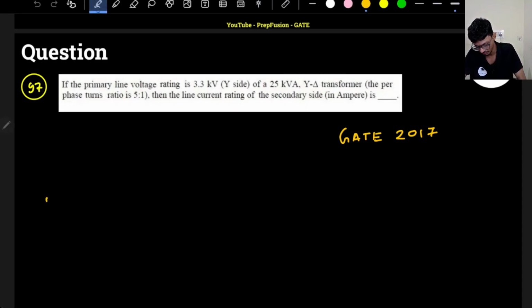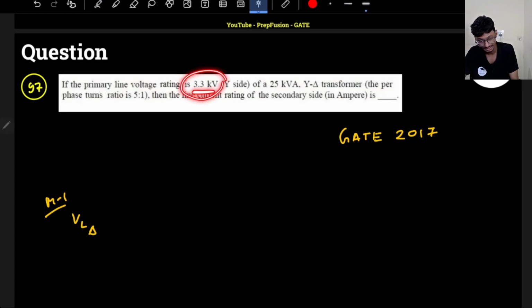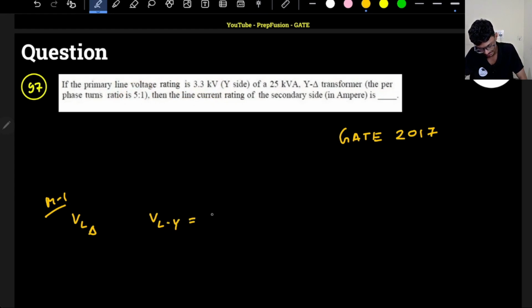So the first way is method 1, where I will find out the line voltage rating of the delta side. So how will I find it out? I know that the phase turns ratio is 5:1. In the star side, the line voltage is 3.3 kilovolt. What will be the phase voltage in the star side?